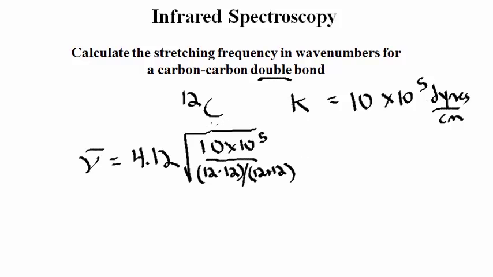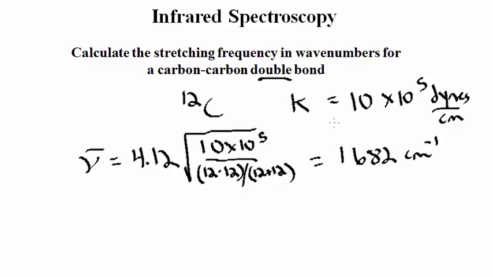Plugging into the equation that we derived from Hooke's law before, we have the force constant here on top under the square root over the reduced mass here, 12 for both of the carbon atoms. And this gives us a value of 1,682 wave numbers for this vibrational stretching frequency.